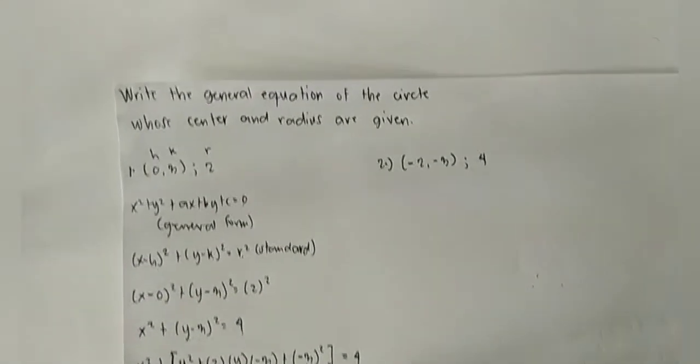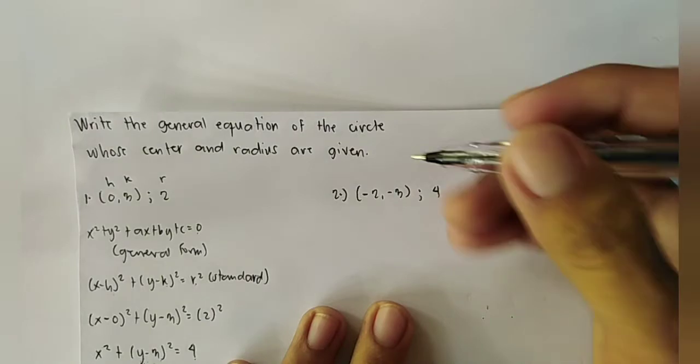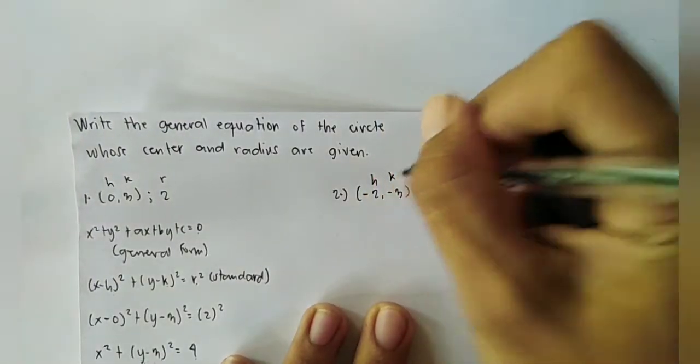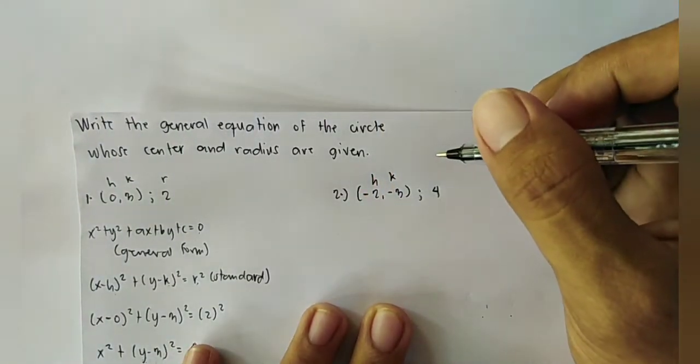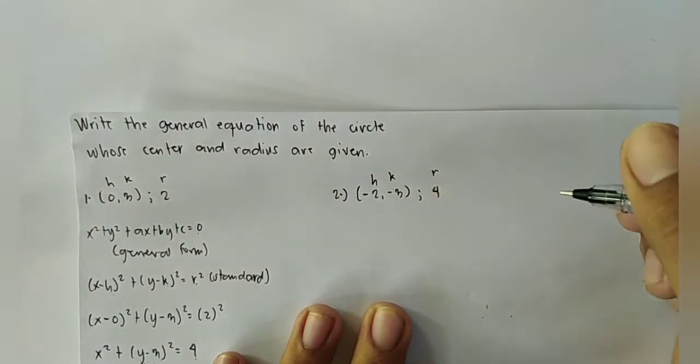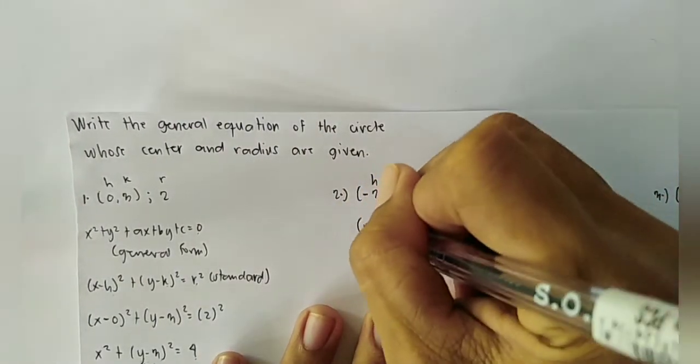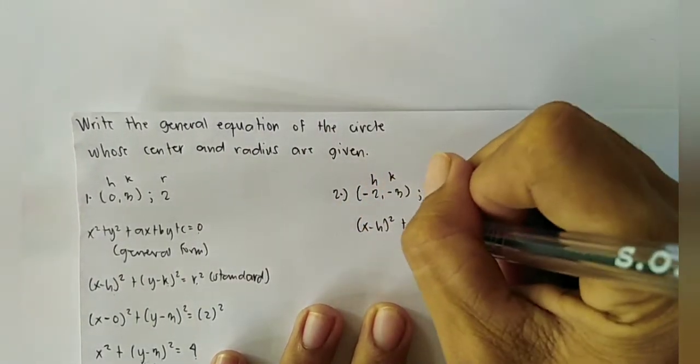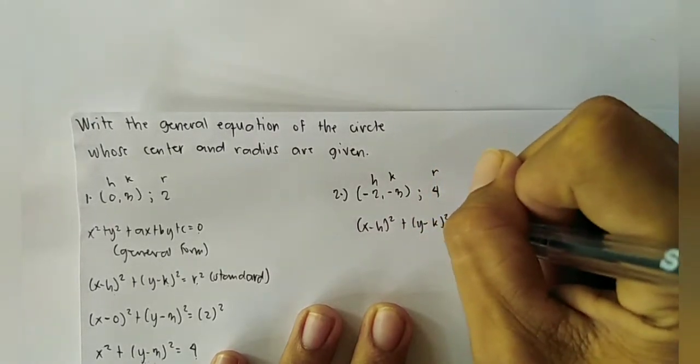Let us proceed to example number 2. We have the center at (-2, -3), which is the value of our h and k respectively, and the length of the radius is 4. So simply substitute that to the given standard form of the equation of the circle, which takes this form.